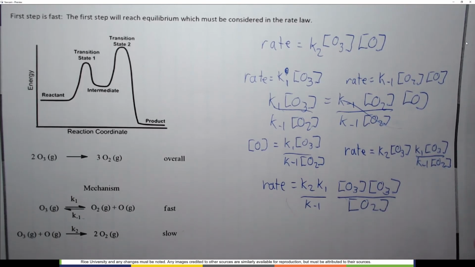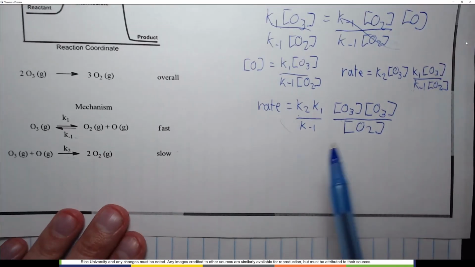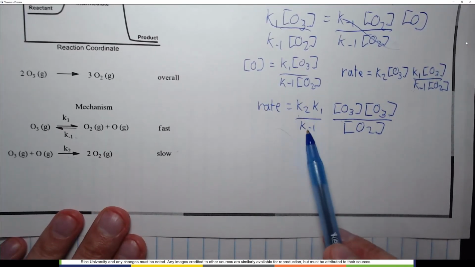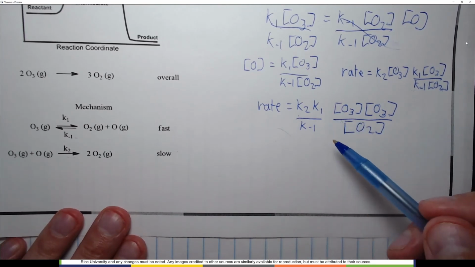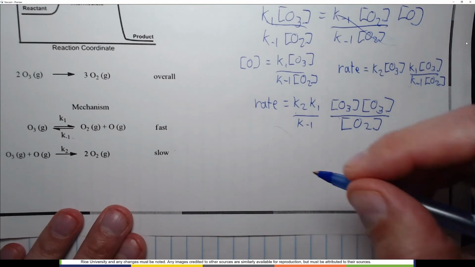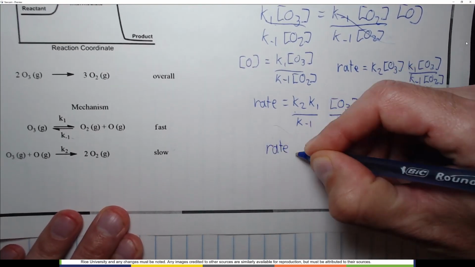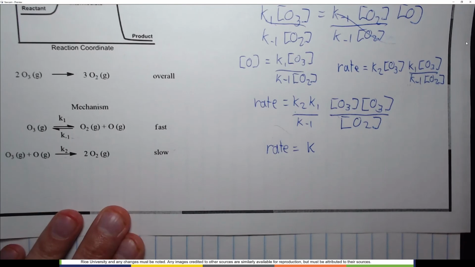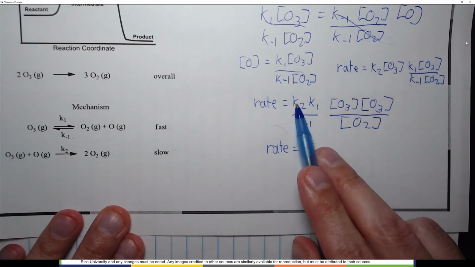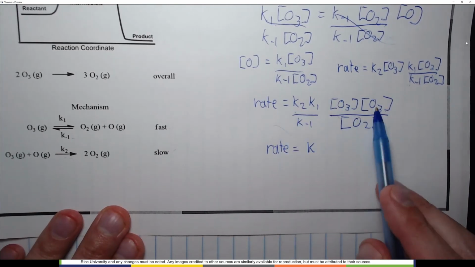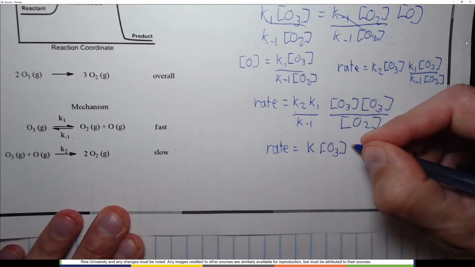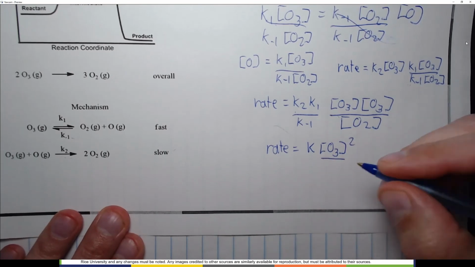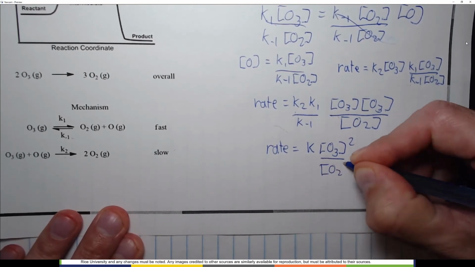I basically moved these k's over here. Well, if we have a bunch of constants multiplied and divided by each other, it's still going to be a constant, right? A constant multiplied by a constant divided by a constant is still a constant. So rate equals some new k, because we're just simplifying this k. We have concentration of O3, and we have 2 of them, so squared, divided by concentration of O2.